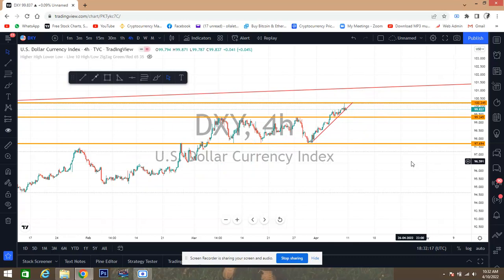At this point, we are making a confirmation that DXY is selling, so we expect Euro USD to keep buying for now. If this one can sell all the way from here to somewhere around here, you know the number of movement that Euro USD is going to do when the buying started.